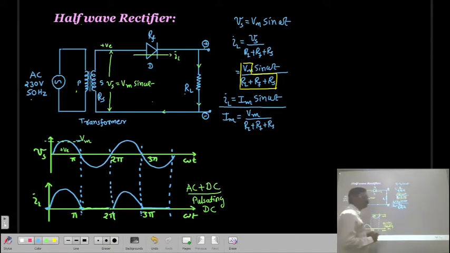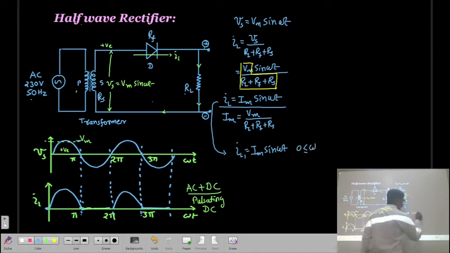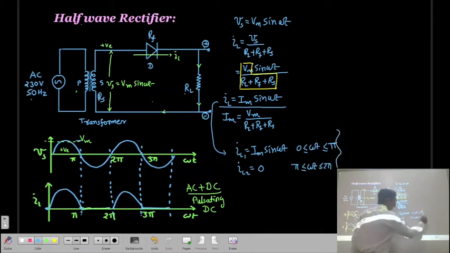So the load current of the half-wave rectifier we can write as IL1 equal to Im sin omega t if omega t is between 0 and pi, and IL2 is 0 if omega t is between pi and 2 pi. So this is the correct expression for the load current.